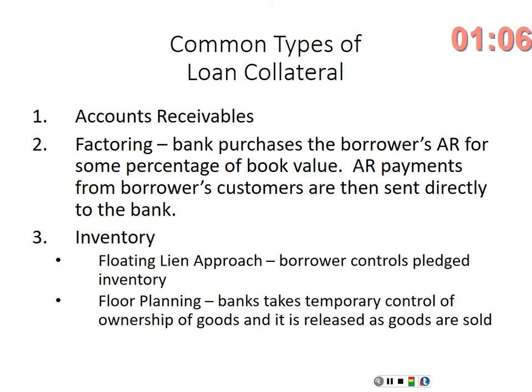And then different types of collateral for business loans. Now this is basically for business loans. Accounts receivable. And somebody remind me, what are accounts receivable? I know you know this one.